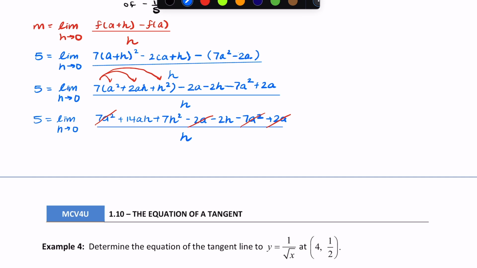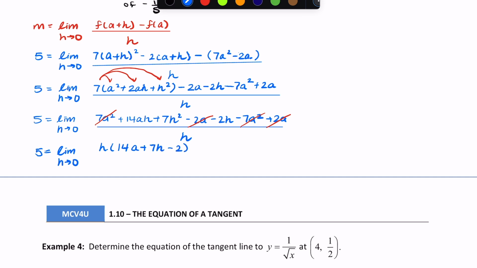So now if we rewrite this, we have 5 is equal to the limit as h approaches 0, h over h. So here, if we factor out an h from everything at the top, we'll have 14a plus 7h minus 2.